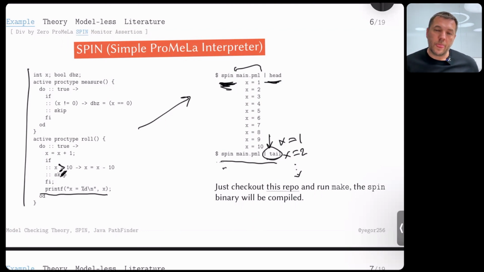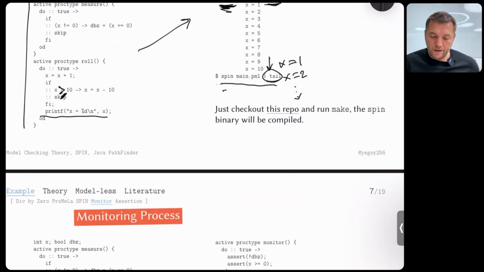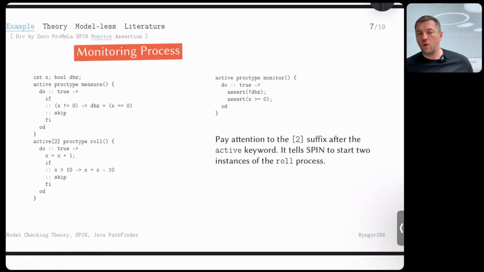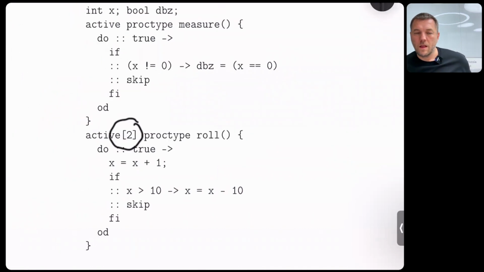I propose you consider another situation now, where I change our code a little bit with this modification. I put this instruction into the language.